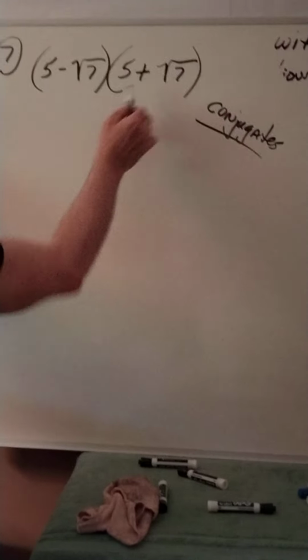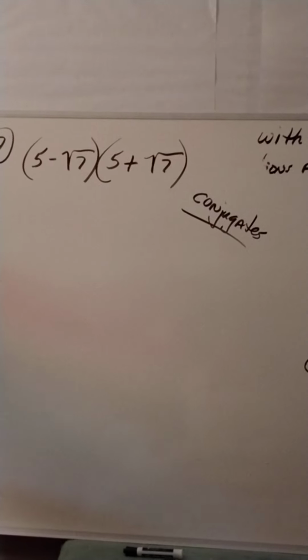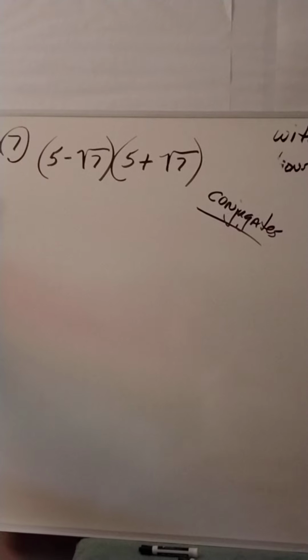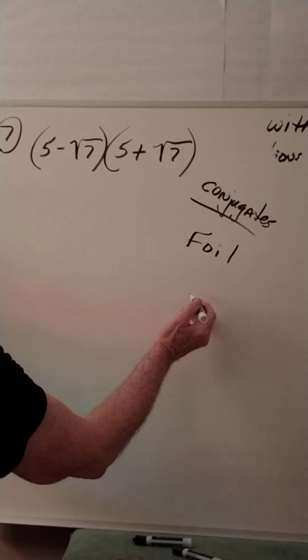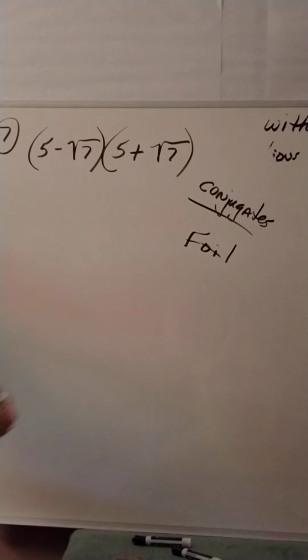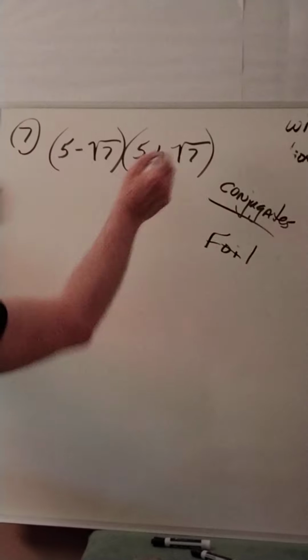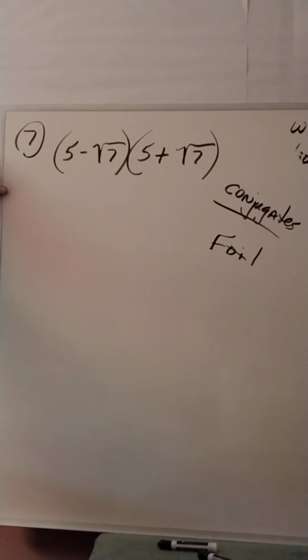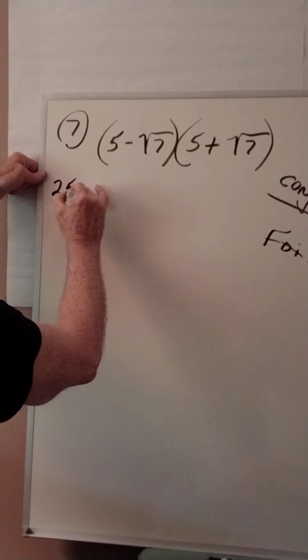And as you might remember, when we multiply conjugates, you don't have to do the entire FOIL process. You don't have to multiply the outer and the inner because they're going to cancel out. Now I'll show it to you here. I'll do the entire FOIL. Multiply the first terms, 25.